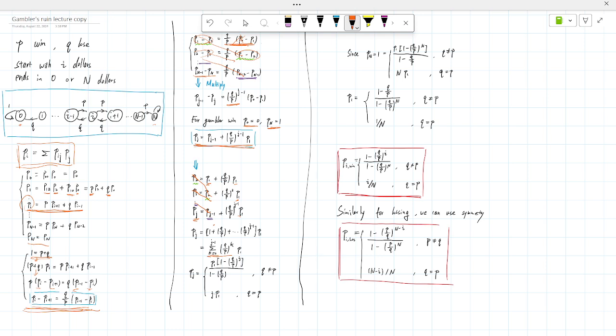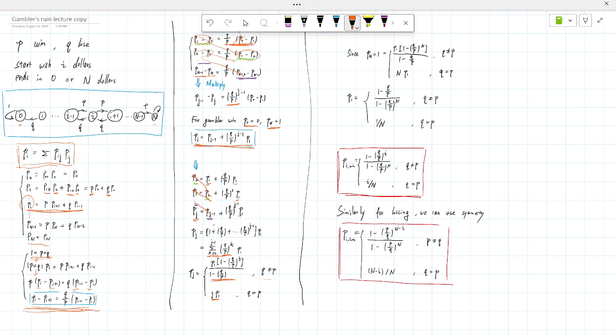So it's just a geometric sum. And recall the geometric sum formula: when P and Q equal each other, so a fair chance of winning or losing, you have just a sum of ones. Otherwise, you can use the geometric sum formula, which is this. Since we remember that Pn equals 1, we substitute j equals n.